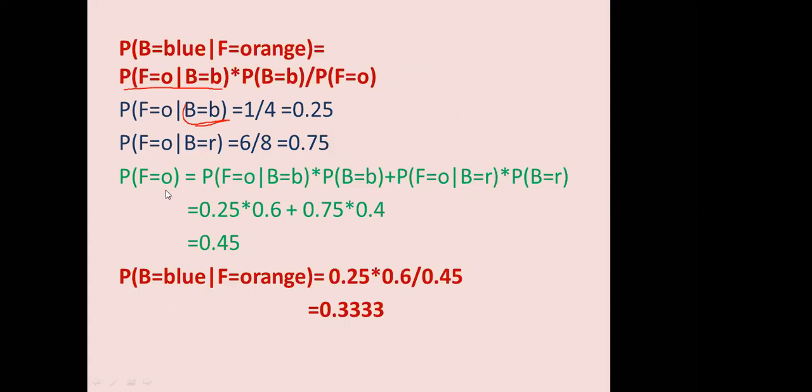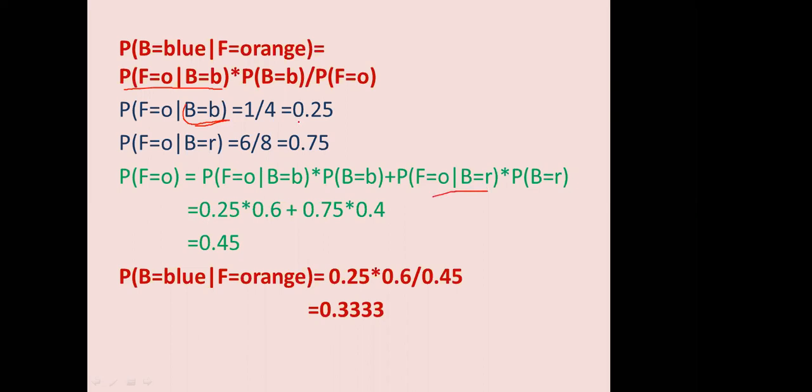Now, the overall probability that the fruit is orange, whether it comes from the red basket or the blue basket. We have two possibilities. First, it comes out from the blue basket, and second, it comes out from the red basket.